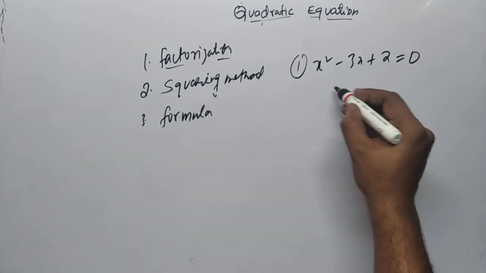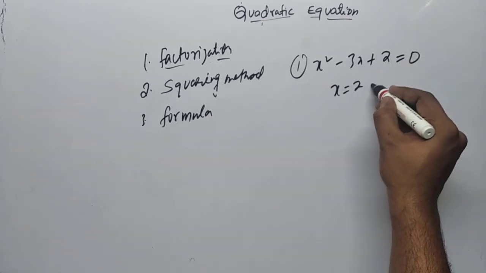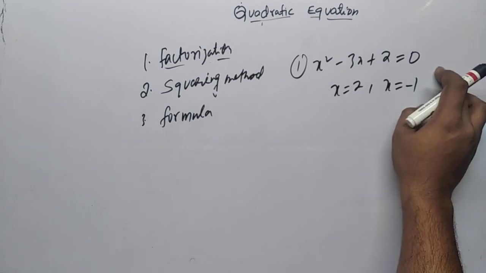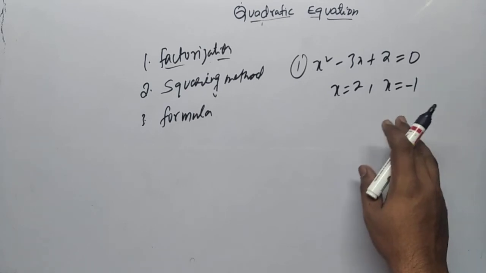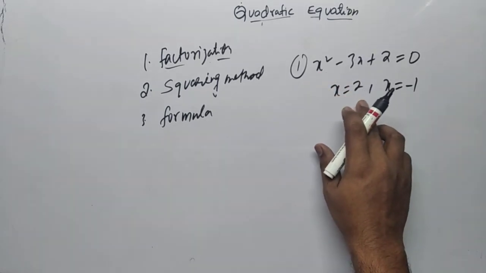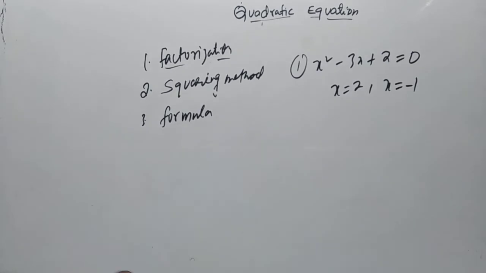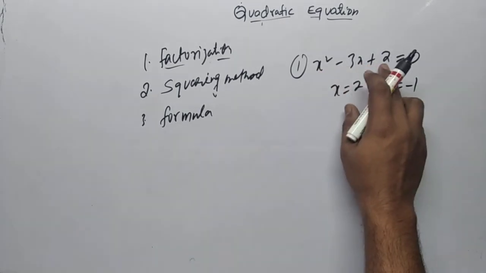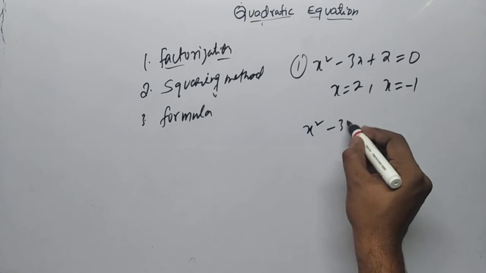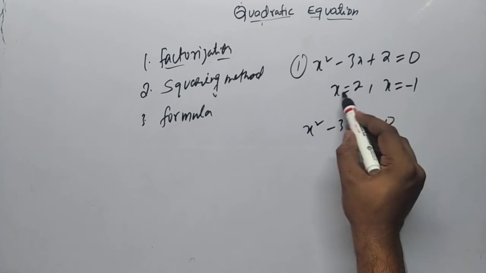Now he is asking whether x is equal to 2 and x is equal to minus 1 are solutions for the given equation. What you need to do is substitute the value of x in the quadratic equation.